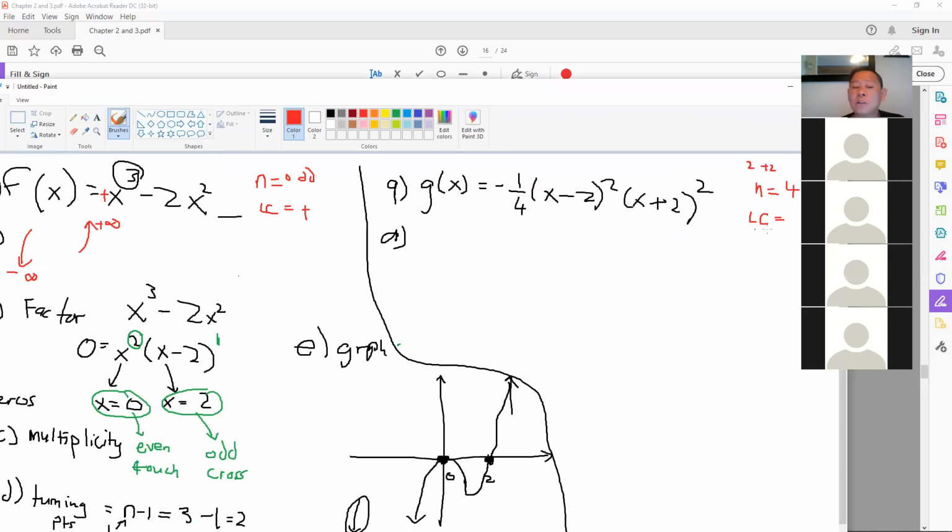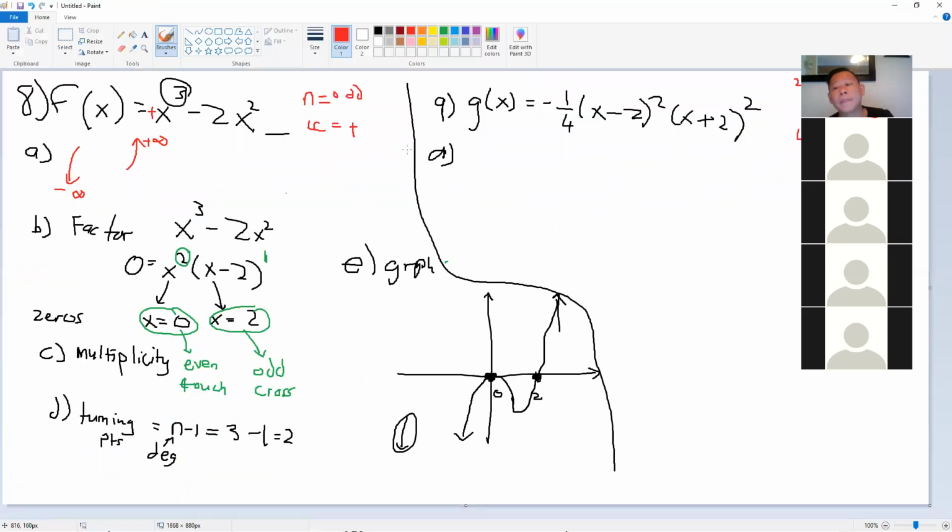Is your leading coefficient positive, which is even, right? 4 is even. Can someone tell me what is your leading coefficient here? Positive or negative? And why do you say that?